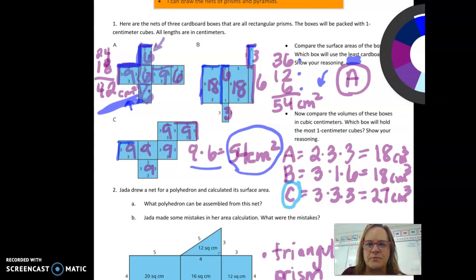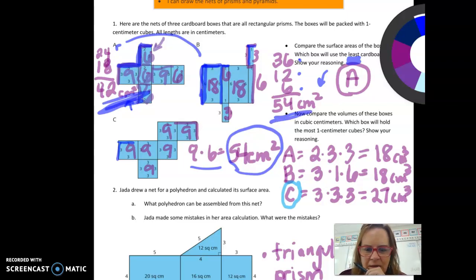So it's a 3 by 3 by 2, and 3 times 3 times 2 is 18. In B, it's a little easier to see the 3 dimensions because they're so vastly different. It's 6 by 3 by 1, and 6 times 3 times 1 is 18 as well. So that means A and B are going to hold the same number of cubes, even though their surface areas are quite different.